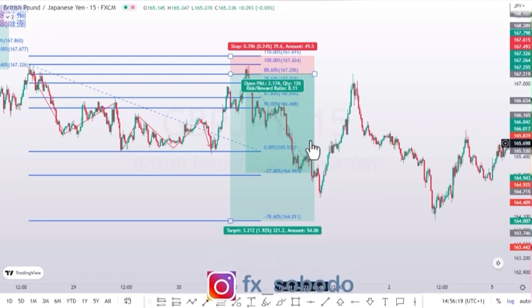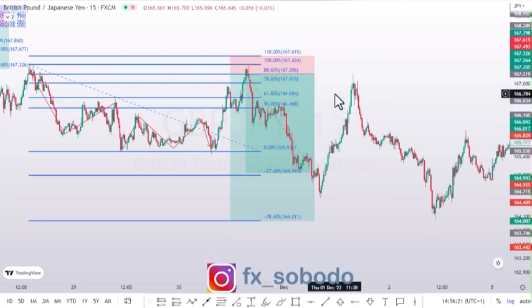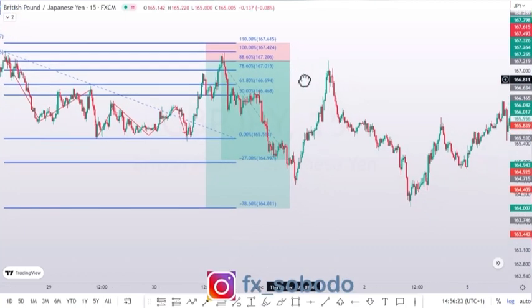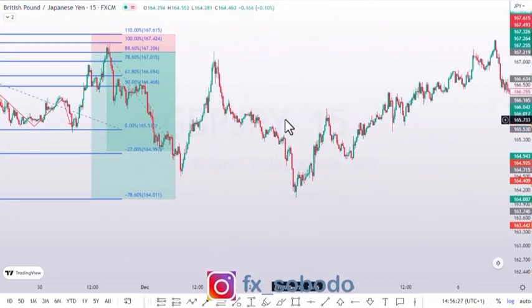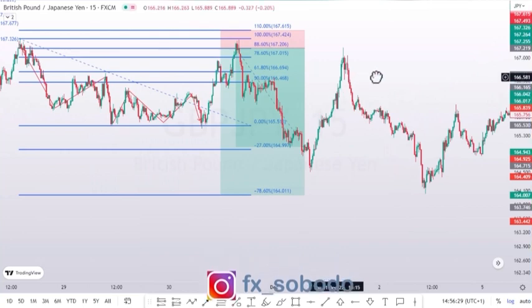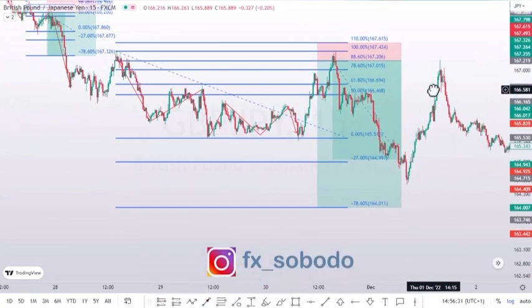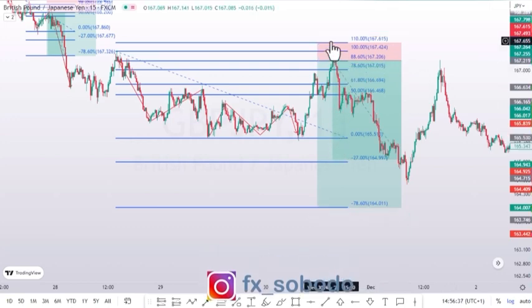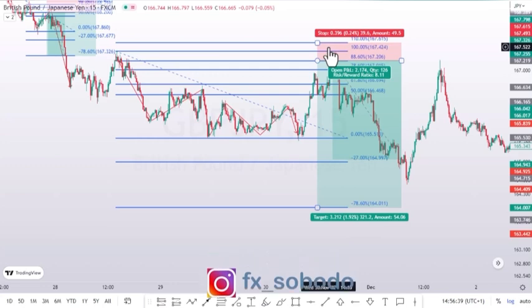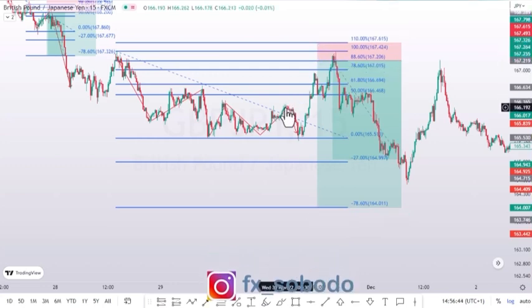Take some profit, take some off the table. So basically, that's how I use Fibonacci to enter and to exit my trade, and also it helps me to know where to place my stop loss.